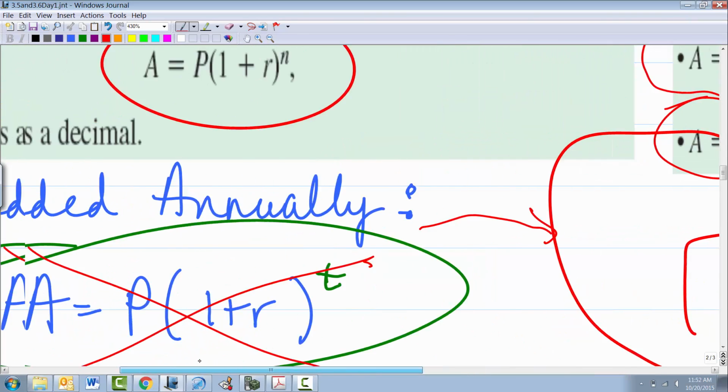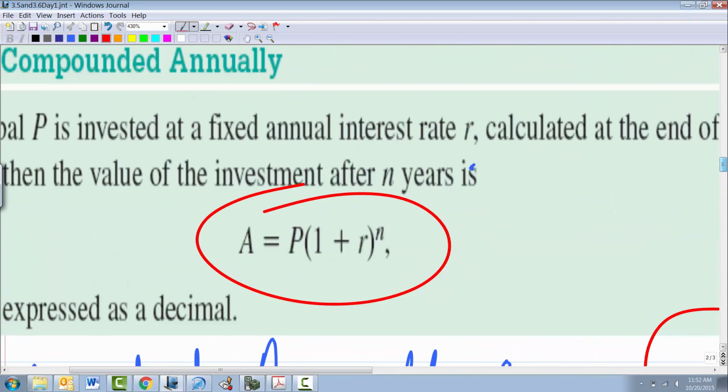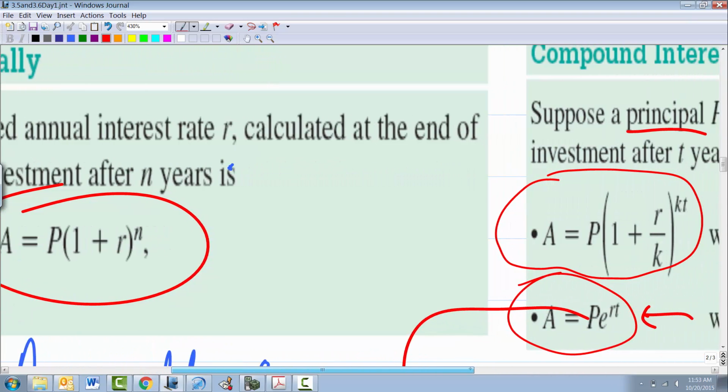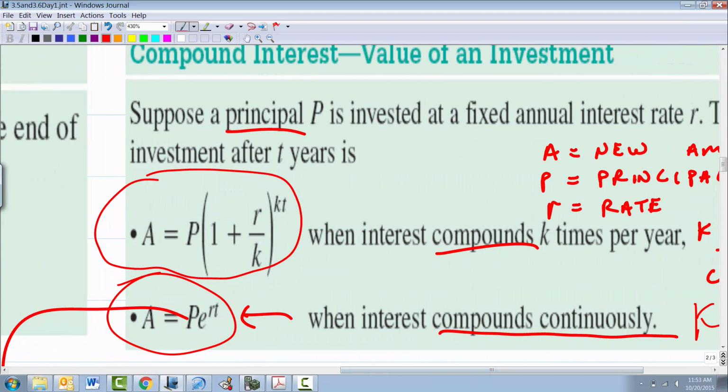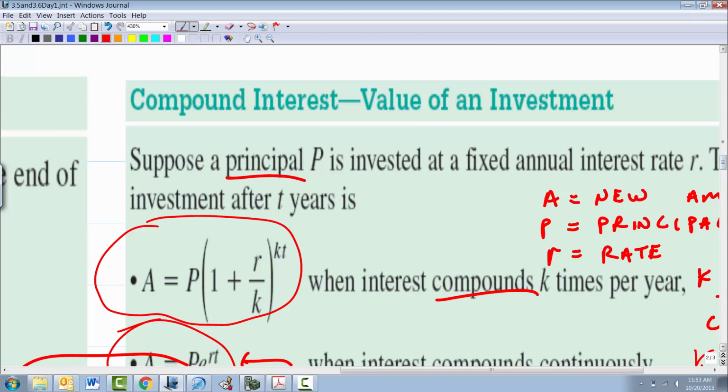This is the savings account where you get one interest payment at the end of the year. Nothing special. So let's say you have $100 and you get 5% per year, paid at the end of the year. How much do you have at the end of a year? 105. Very simple. But let's say you have a bank account where they say, you know what? We're going to give you 5% per year, but we're going to compound that quarterly.